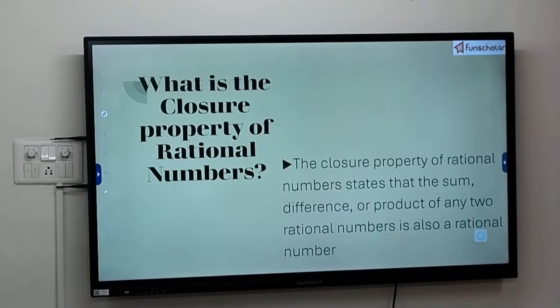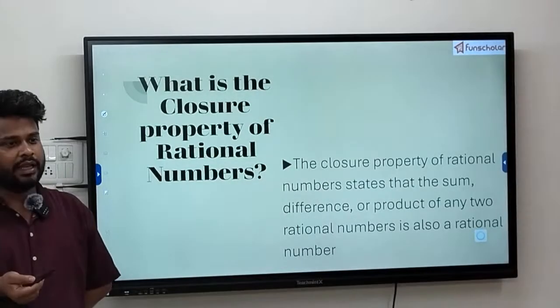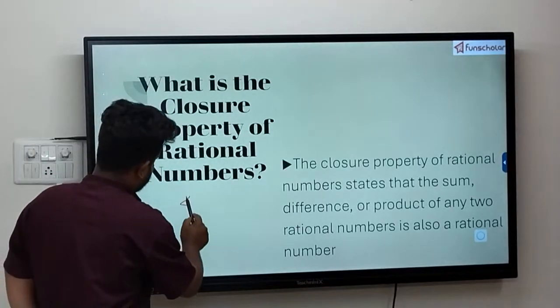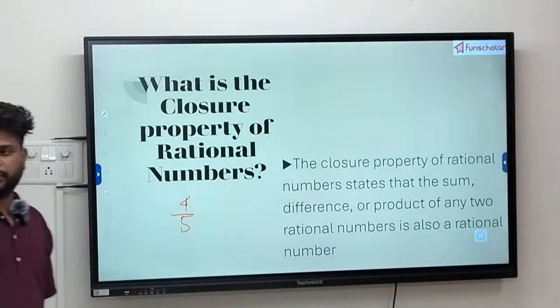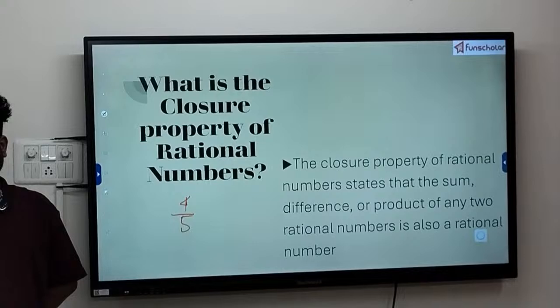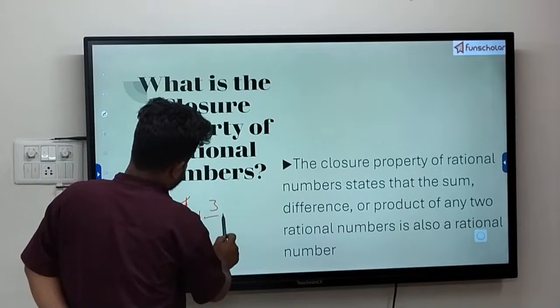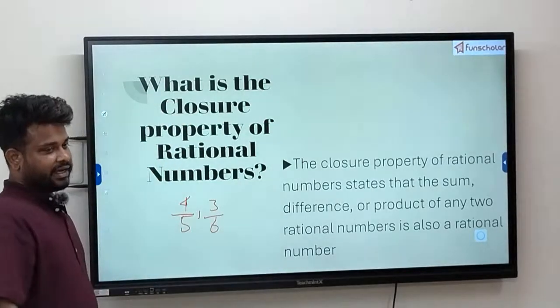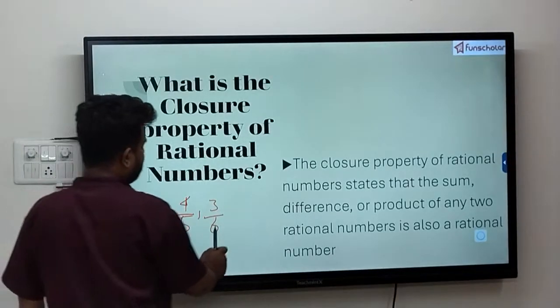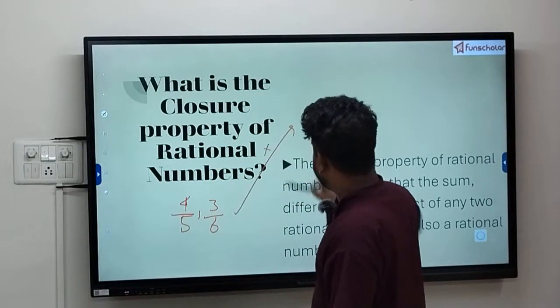The closure property of rational numbers states that the sum, difference or product of any two rational numbers is also a rational number. Okay, you choose a rational number: 4 by 5. And you choose another rational number: 3 by 6. We can check here if it's true or not. First of all, is it true if we add them?